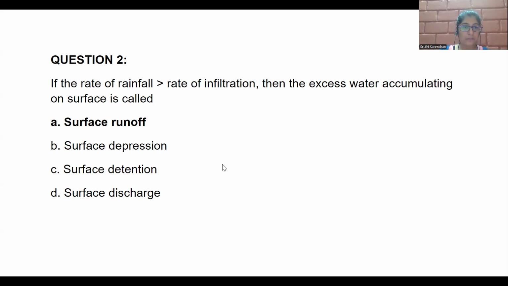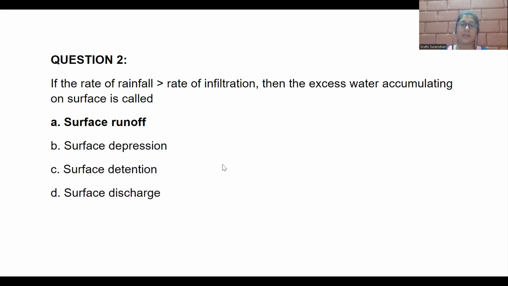Now, what about surface depression, detention, and discharge? What are the meanings of all these terms? Let's take a look. Surface runoff is when excess water accumulates on the surface because the rate of rainfall is greater than the rate of infiltration, and starts flowing over the surface.